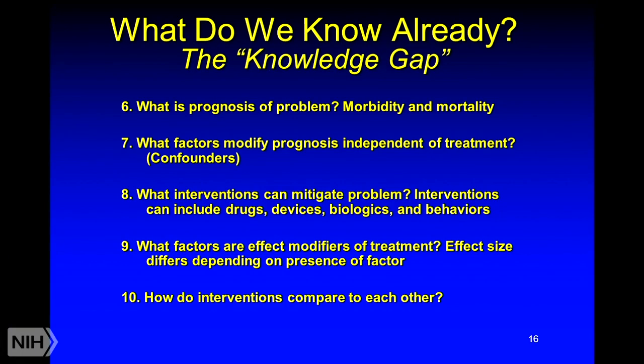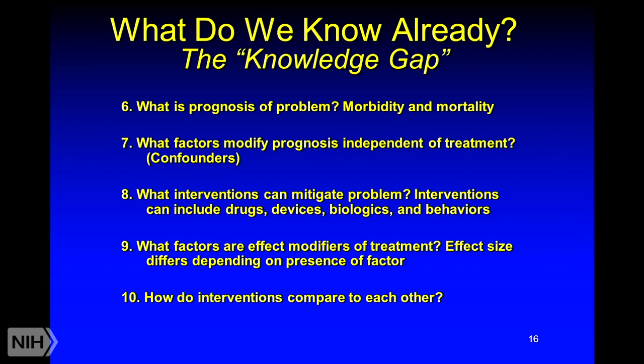The next question you could ask is, what's the prognosis in terms of morbidity and mortality, and what factors might modify that prognosis? Because if you are doing a clinical study to describe just the natural history of the illness, those things may be impacted by who you actually study. And when you are studying treatments, those things are referred to as confounders.